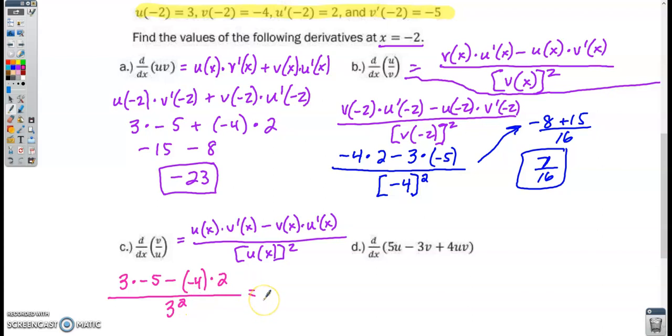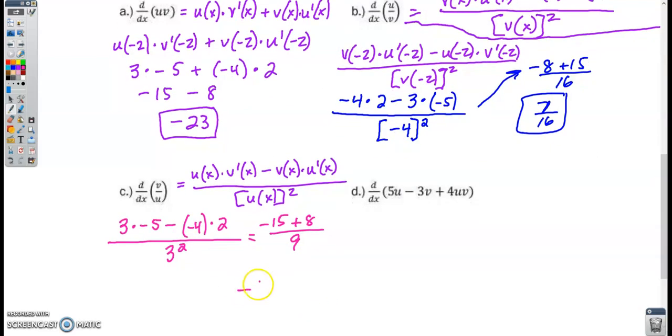We calculate this, and that gives us negative 15 plus 8 over 9, and we end up with negative 7 over 9 as the value of our derivative here.